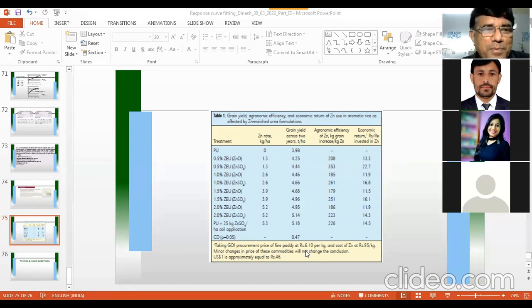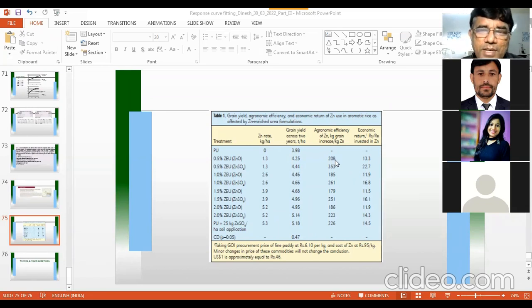For 6.1 rupees, the government could buy 1 kg rice. So 6.1 multiplied by 208, you will get the value of the output in terms of money. This is the rate of the grain for 1 kg, so what will be the price for 208?